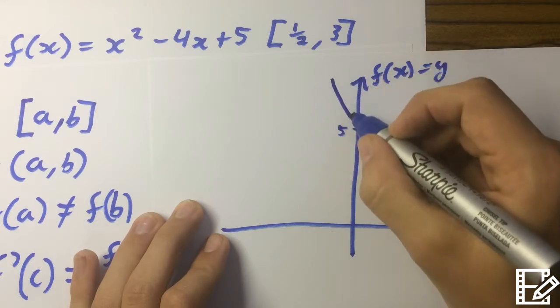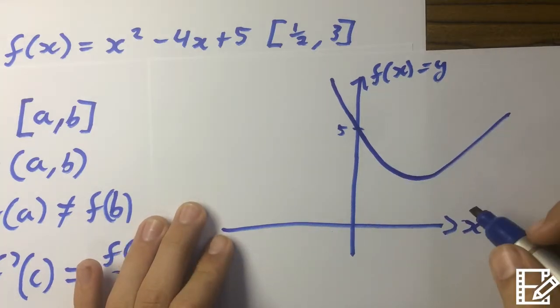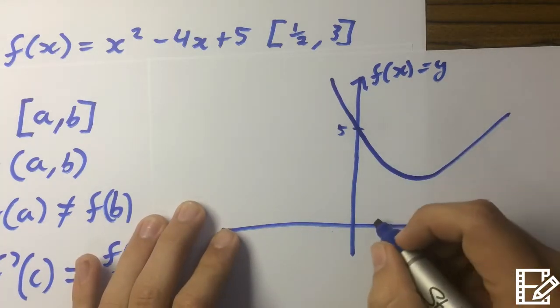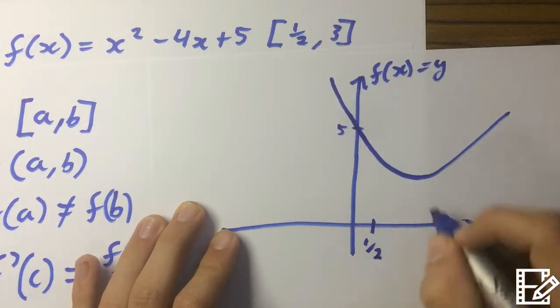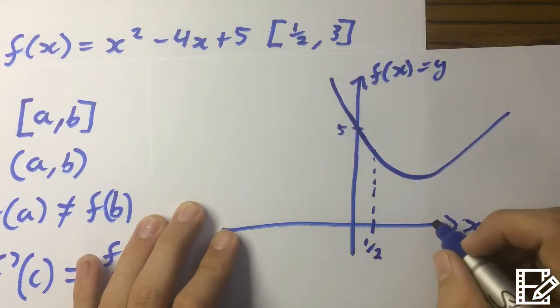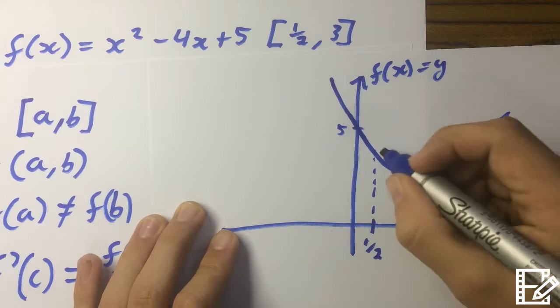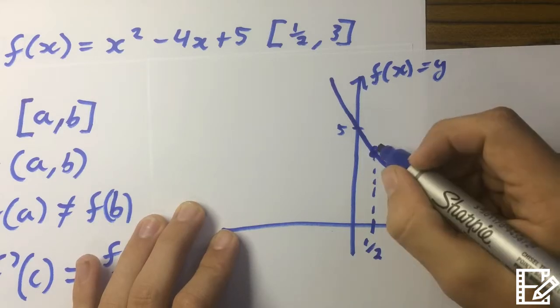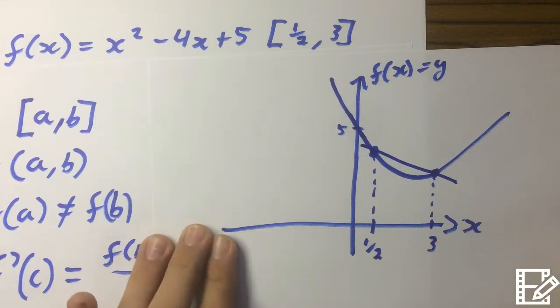It comes in and does a big curve like that. What we're looking at is a half, which is here, and we're looking at 3, which is about here. These are our 2 points, and we draw a line through them.